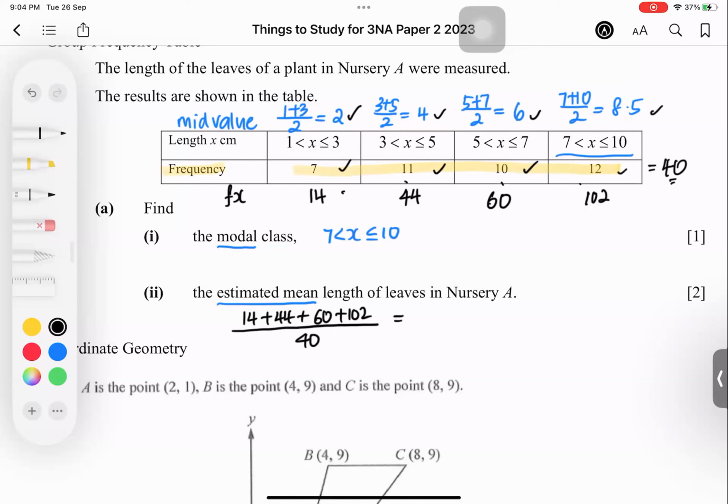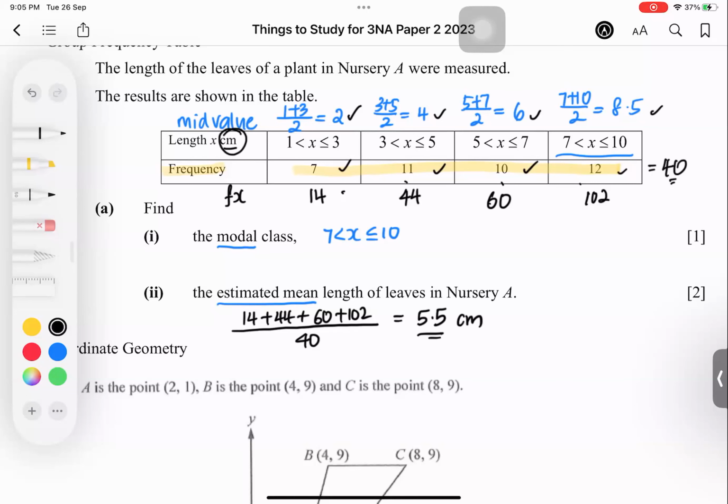Then for this number, please don't anyhow round off. If the number is not exact, you can put it in fraction. If the number is exact, you copy the number. If really cannot, then you round off to 3 significant figures. So in this case, this is 5.5 cm according to the units in the question.